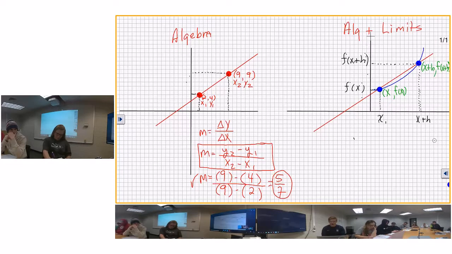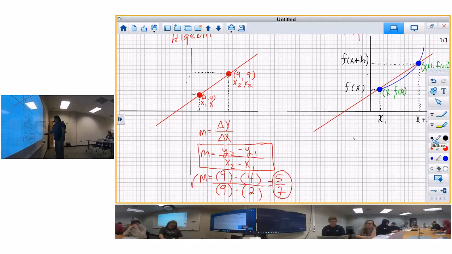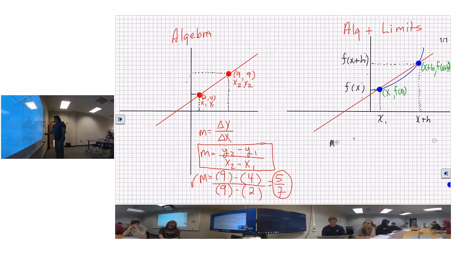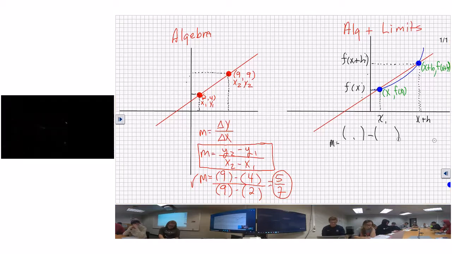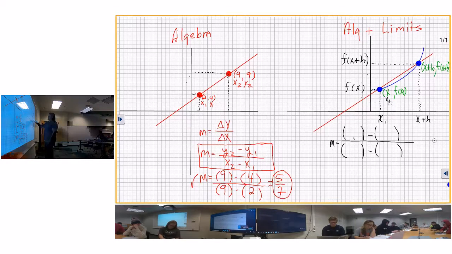There we go. All right, I'm going to go down here, and I'm going to say slope is equal to y sub 2 minus y sub 1 over x sub 2 minus x sub 1. All right, what's y sub 2? We read from left to right: x sub 1, y sub 1, x sub 2, y sub 2.